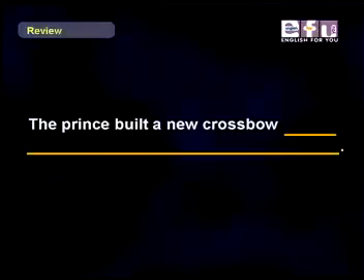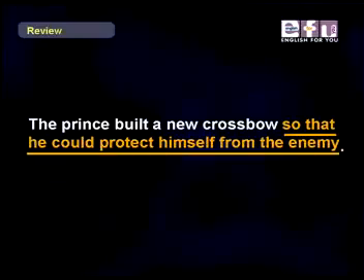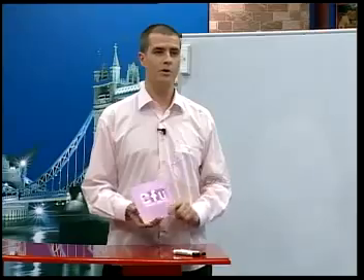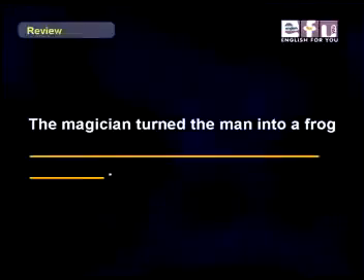Monica, you can go first. The prince built a new crossbow, something. The prince built a new crossbow so that he could protect himself from the enemy. Wonderful. Rosa, one for you. The magician turned the man into a frog, something.